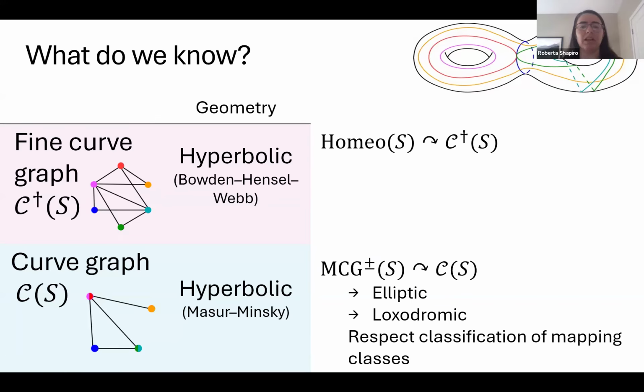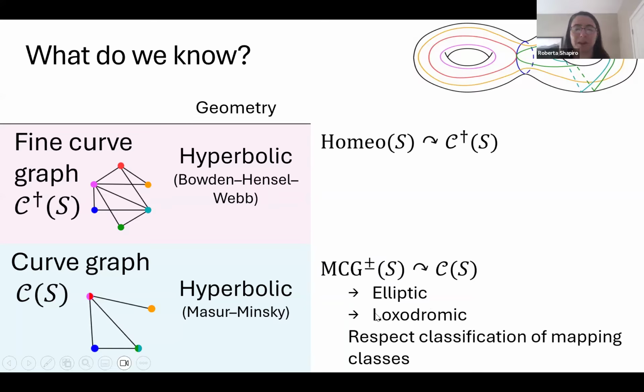Well, if we look at the action of the extended mapping class group on the curve graph, we'll see a couple kinds of actions come up. So one type is elliptic actions, which means that things don't really move too much. It's like the orbit of any point in your space is bounded.